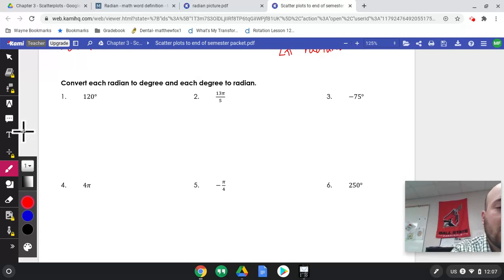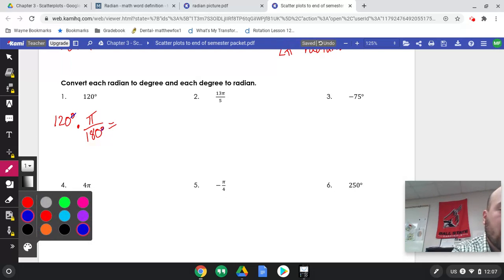If that is the case, then the 180 has to be on the bottom, because that's the only way degrees could cancel, which means pi will be on the top. Now I've got that set up. You can cancel out degrees. 120 over 180, if it helps you, cancel out those zeros. 12 divided by 18, hopefully you know that's 2 over 3, so 2 pi over 3 is our answer.